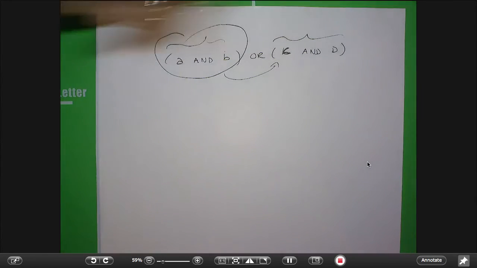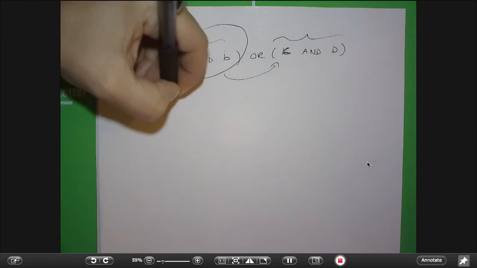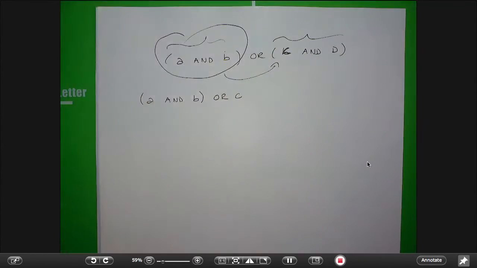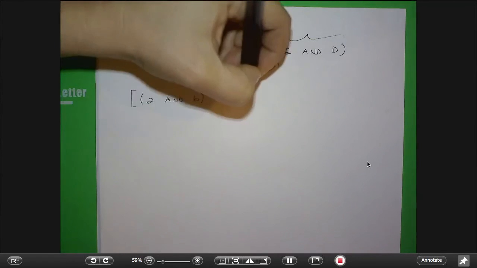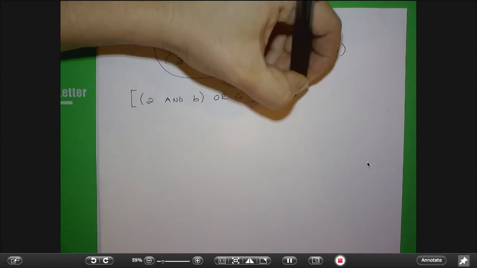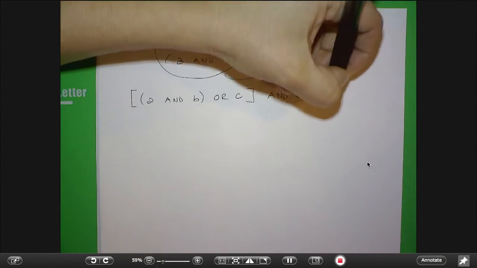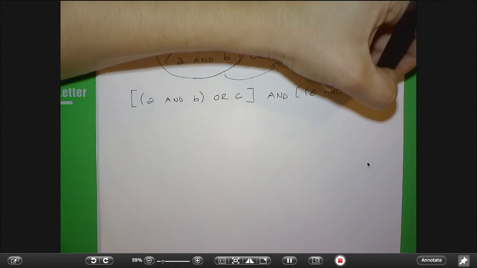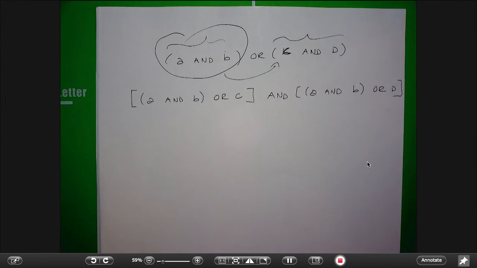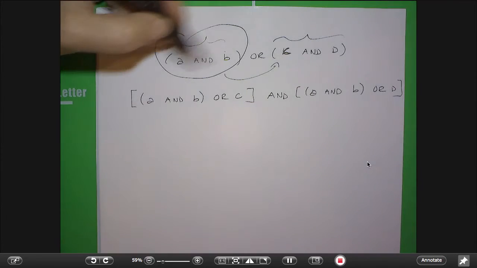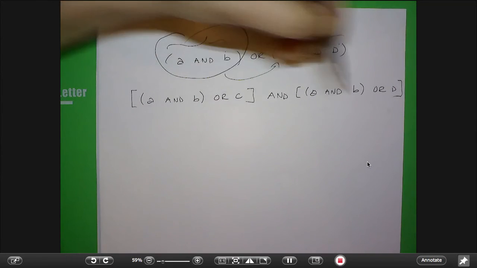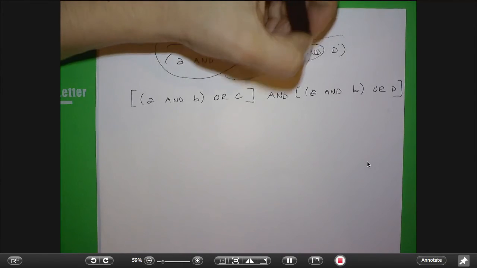So you can represent this as A and B or C, and A and B or D. Okay? So what I did is I took this and distributed over these two. So I have the or in here, and this and goes to here, right?